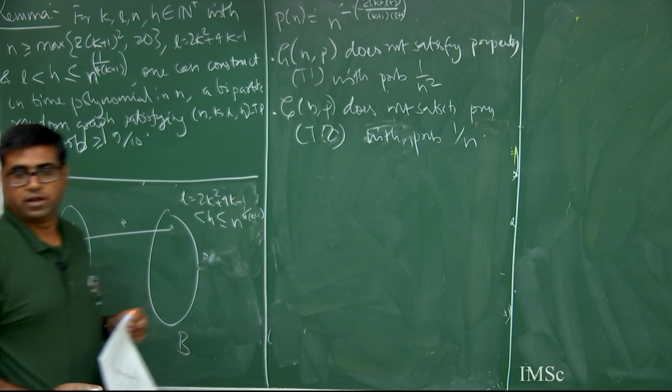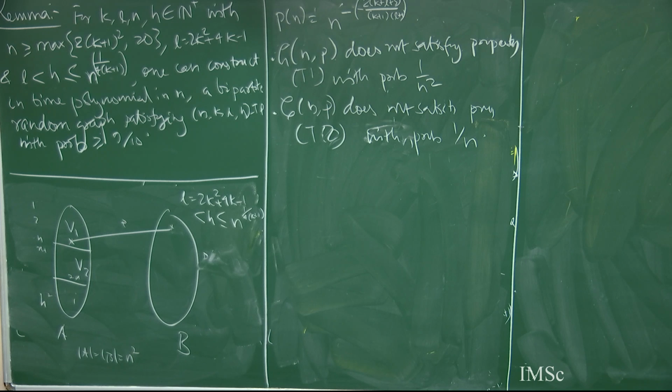If I show this, we are done. If I show that G and P does not satisfy property T1 with this and T2 with this, then we will be done.